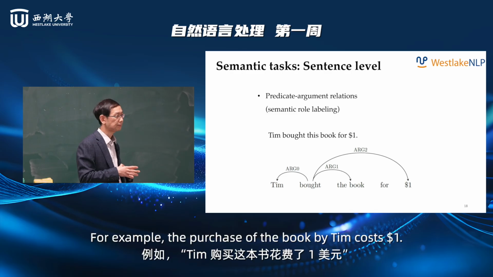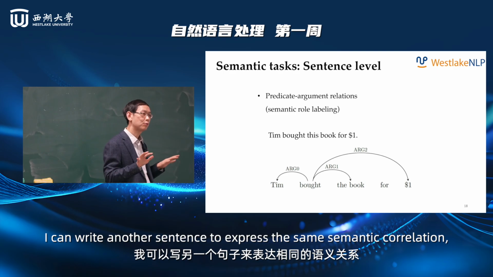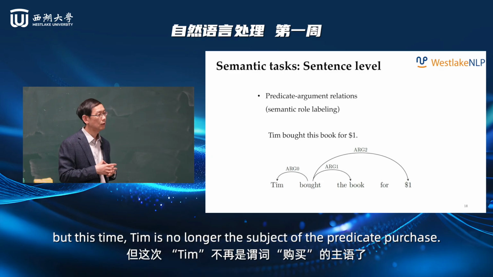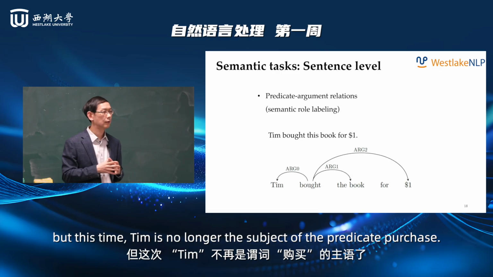For example, the purchase of the book, okay, by Tim costs $1, okay? I can write another sentence to express the same semantic correlations, but this time Tim is no longer the subject, right, of the predicate purchase, right?